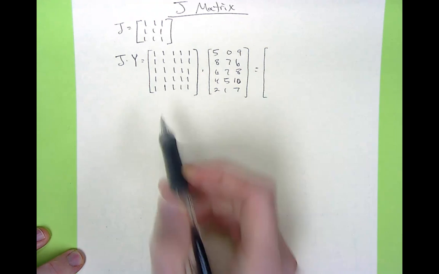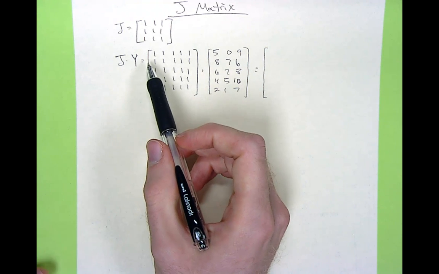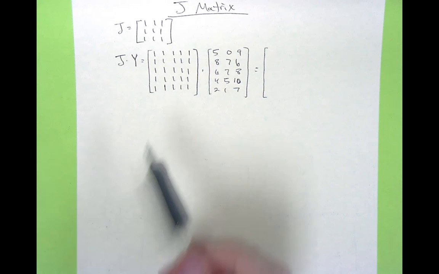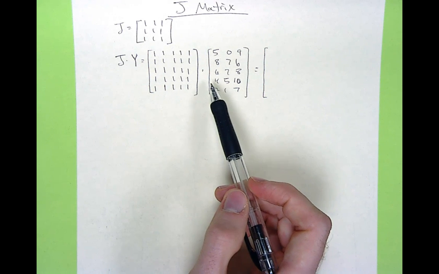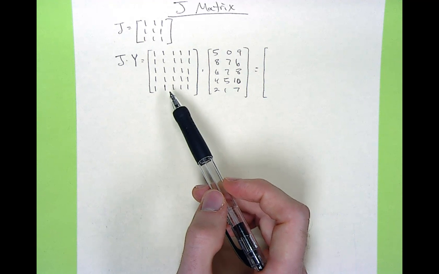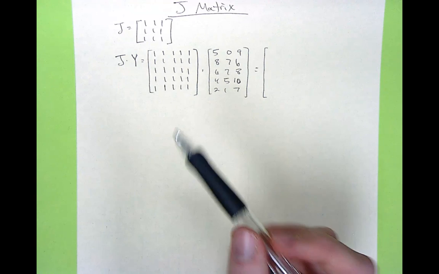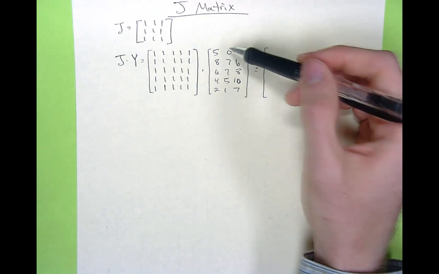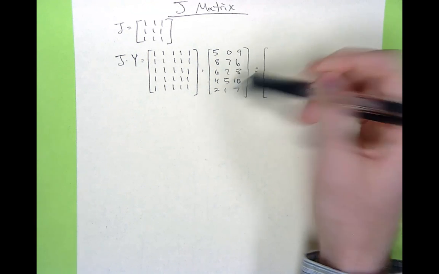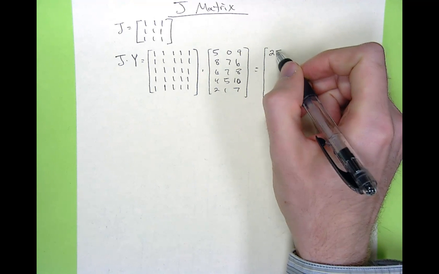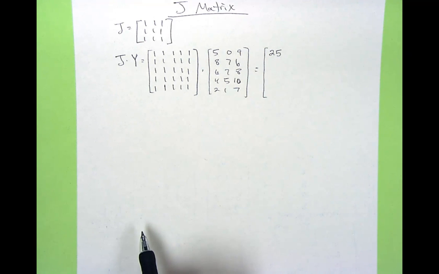And when you do this, like I said before, when you pre-multiply a matrix like this one by a J matrix, you create a 5 by 3 matrix in this case of the sums of each of the columns of Y. So the sum of the first column is 25. Okay?